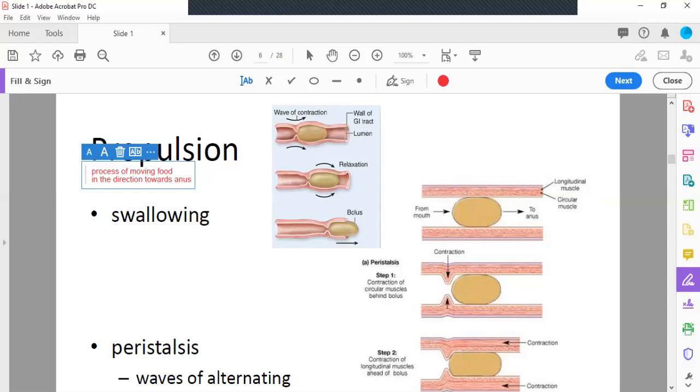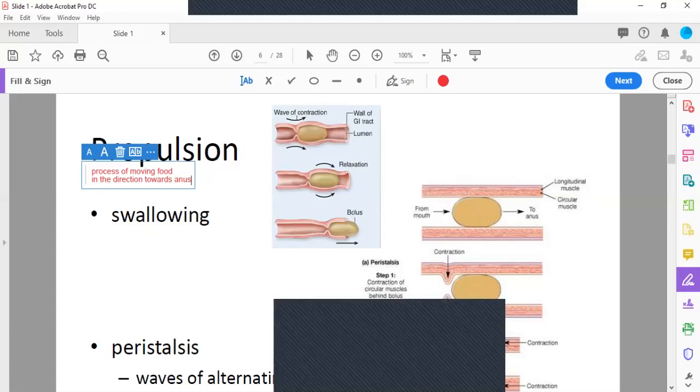When you think of swallowing, is it voluntary or involuntary? I'm going to pause for a moment so you can think. Is swallowing voluntary or involuntary?